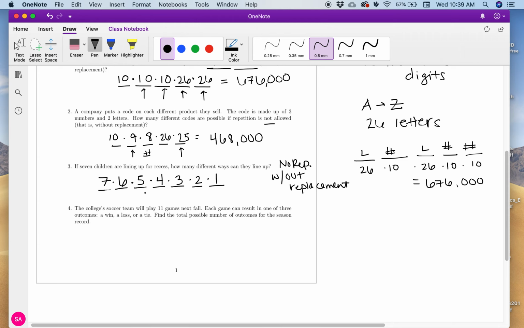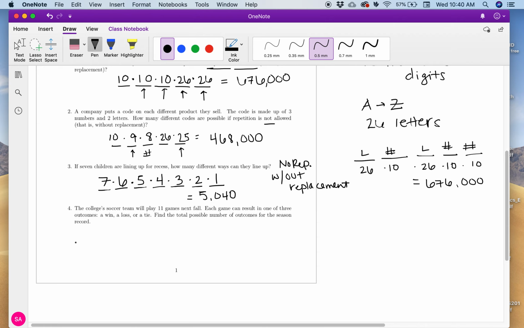And then, as everyone starts lining up, there's only going to be 1 person left to take that last spot. And so to figure out the total number of different ways, we multiply these numbers together. And this one I actually did before I did this video. So it is 5,040. So there's 5,040 different ways these kids can line up. That's a lot.